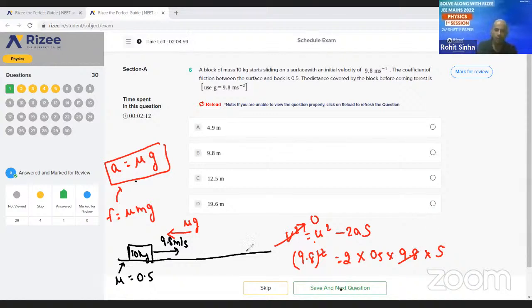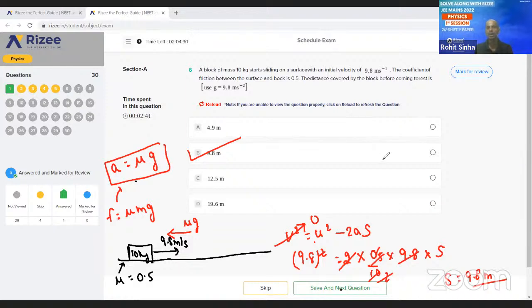After solving it, you will get your answer like this: 2 will cut here, you will get s is equal to 9.8 meter. See here, your answer will be 9.8 meter. Any problem to anyone, we can discuss it once more.